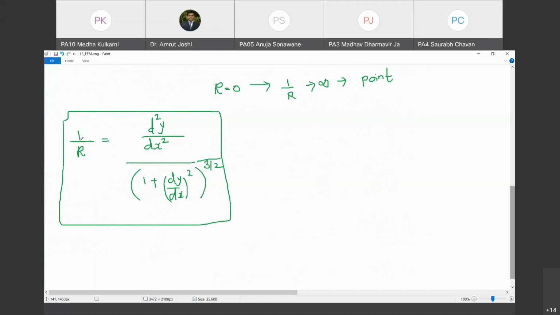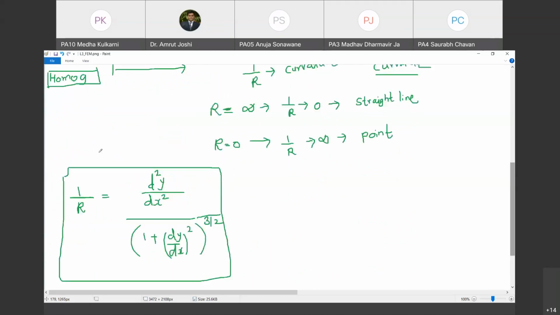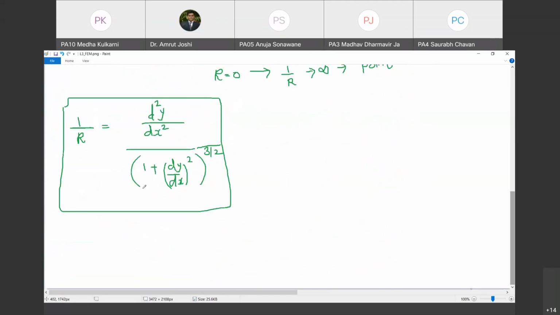So what happens is for small values of deformations, this denominator tends to 1. Therefore, 1 upon r tends to d square y by dx square for small values of y.